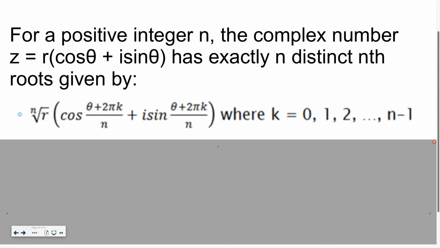If I ask you for fifth roots, you have 5 answers. Notice how this says theta plus 2 pi k. 2 pi is the same as 360. So if you're going to use degrees, you can just use 360 instead of 2 pi, and that is fine.